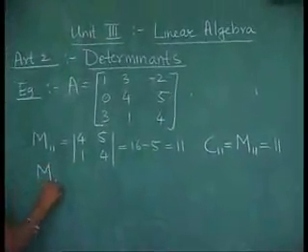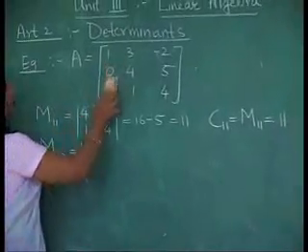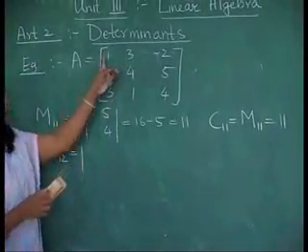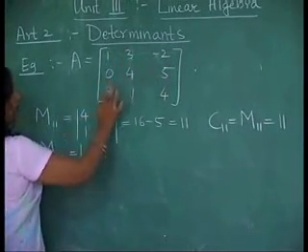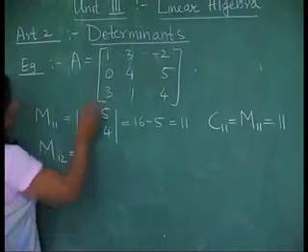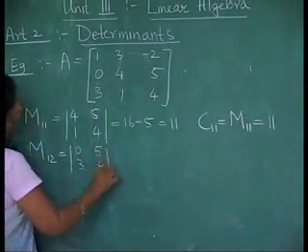Next, let's obtain the minor of the element in the first row, second column. Now we have to delete the first row and the second column. So if we do that, the remaining submatrix is 0, 5, 3, 4.